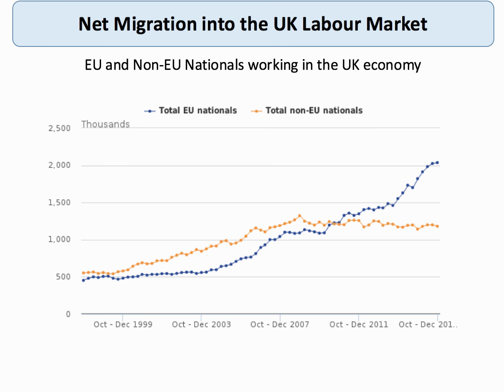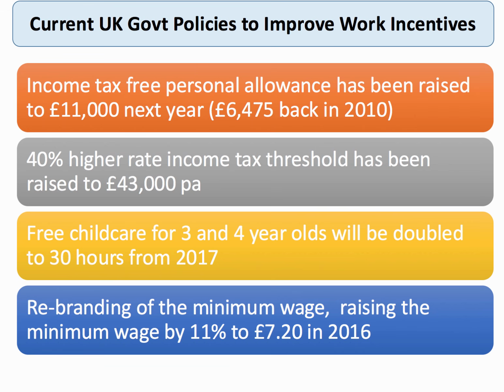Actually, the number of non-EU nationals has been fairly flat, if not falling, partly because of a tightening of immigration rules in the UK. But in total, we have over 3 million EU and non-EU nationals working in the UK, a significant level of extra labour supply, and affects different markets, of course.